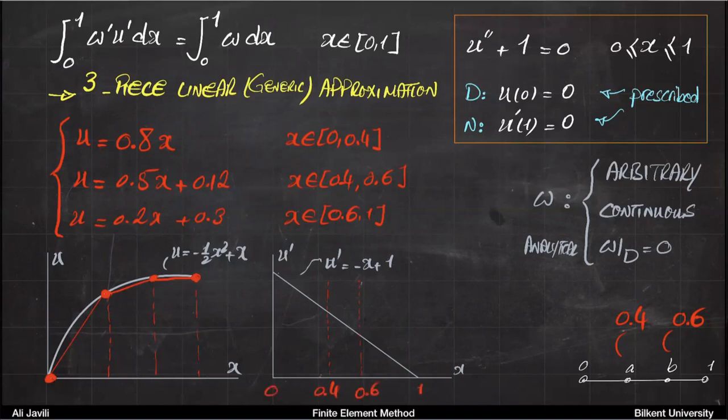Now, if you look at that, between 0.4 and 0.6, the slope is 0.5. So it's going to be something like this. So you get that little triangle. And then here it would be 0.8.